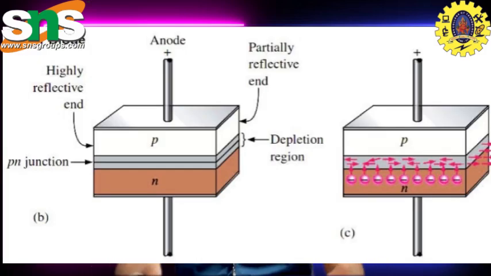What do stimulated photons mean? We know that a PN junction diode is the base for both LED and ILD, and it has two biasing conditions, forward bias and reverse bias, depending on the DC supply given to the diode. In the ILD, during forward bias, that means positive polarity to the P-type and negative polarity to the N-type, when you apply a voltage, the holes from the P-type and the electrons from the N-type move together and create some energy.